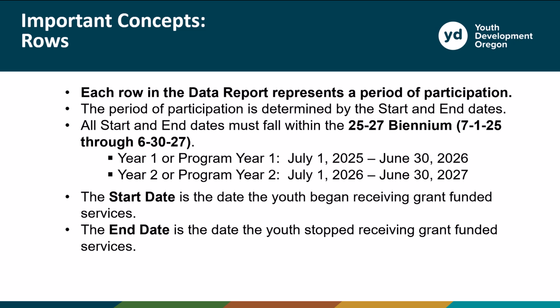And so we have program year one and program year two dates up here on the slide, and you can see that they run from July to June. So remember, the start date is the date the youth began receiving grant funded services, and the end date assigned on the participant's row is the date the youth stopped receiving grant funded services.